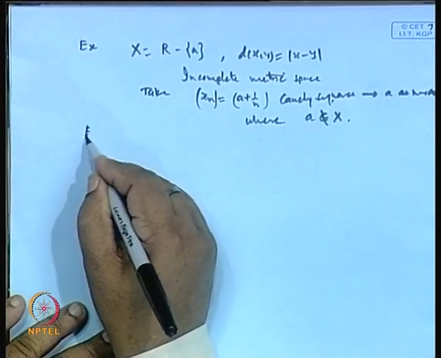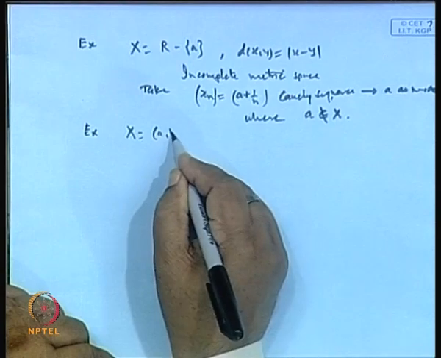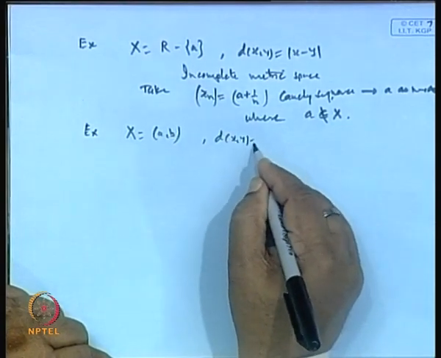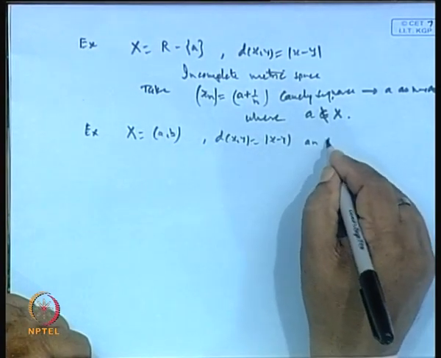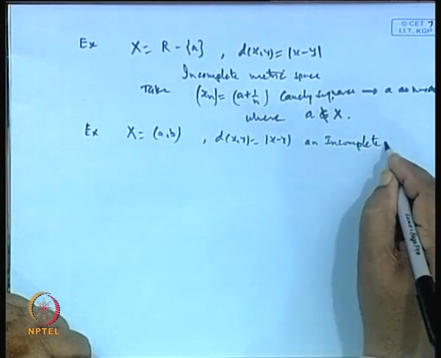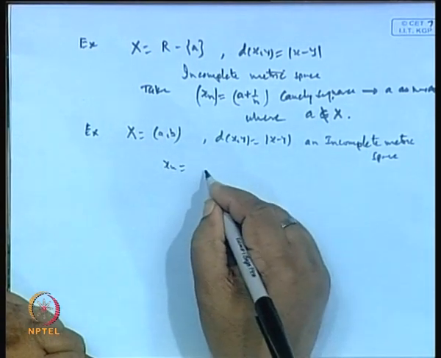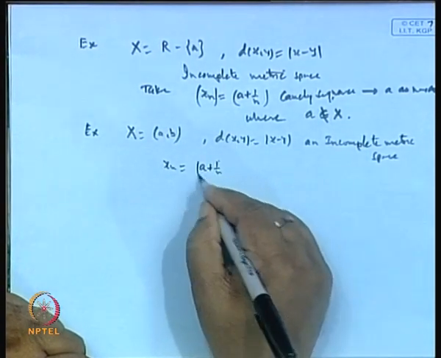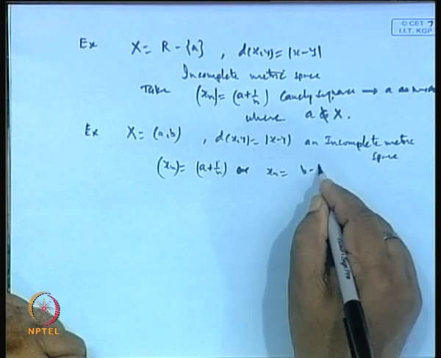Then another example we can choose from the set of real numbers. If I remove all the irrational points, then the set of rational numbers is an incomplete metric space. Even the open interval (a, b) under the metric d(x, y) equal to mod of x minus y with the induced topology will be an incomplete metric space, because here I can choose the sequence x_n as a plus 1 by n, or x_n as b minus 1 by n.